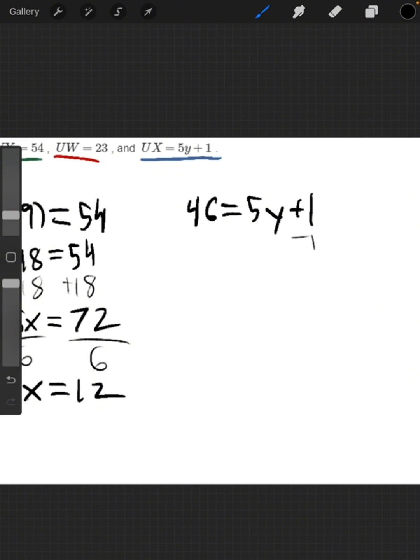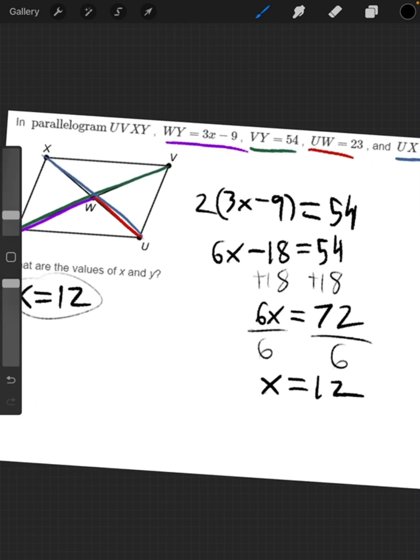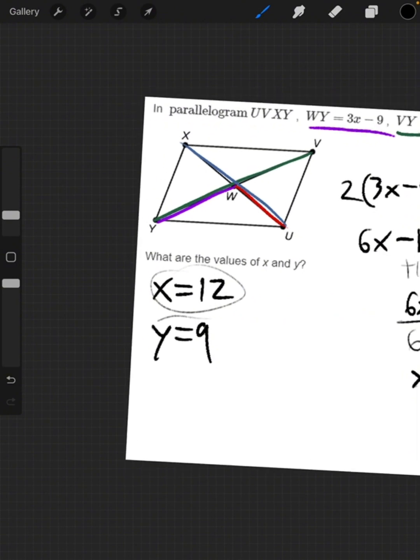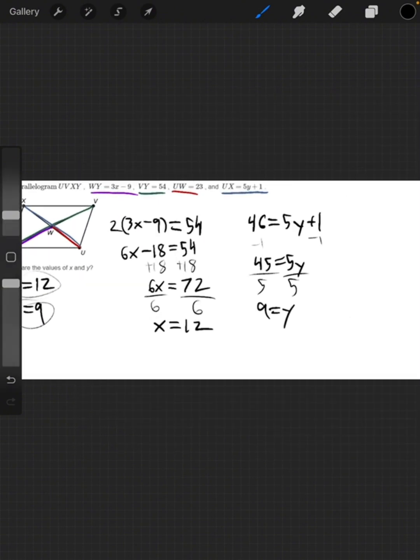Okay, let's subtract 1 from both sides. 45 equals 5y. Divide by 5, which would get us to 9 equals y. So there we go. y equals 9. We got both x and y. Hooray.